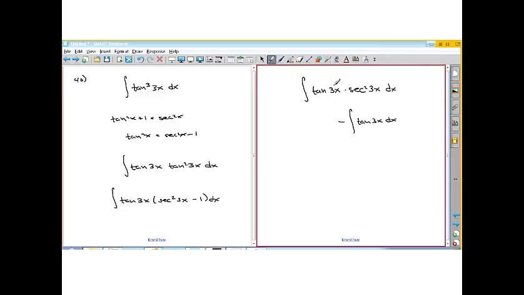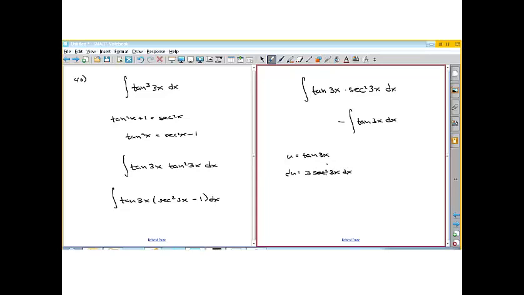The first one you can solve using u substitution. First, we'll let u equal tangent of 3x. Here we have secant squared, which is the derivative of the tangent, so we know that's already set up in good shape. So du, again, with a trig function you can use the chain rule, and what you'll end up with is 3, which is the coefficient, times the secant squared of 3x times dx.